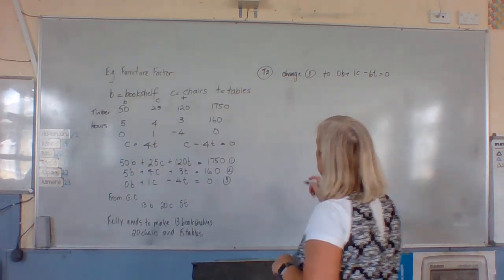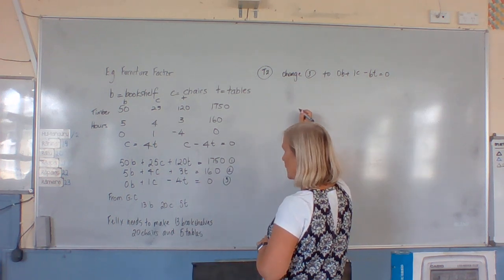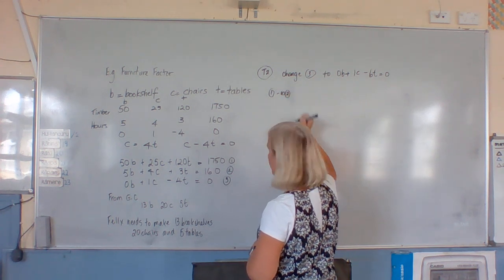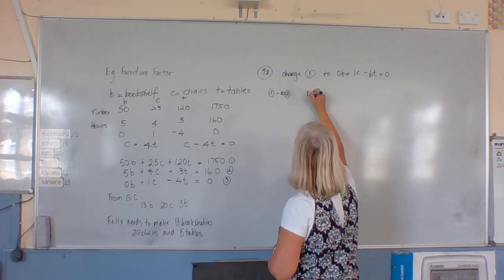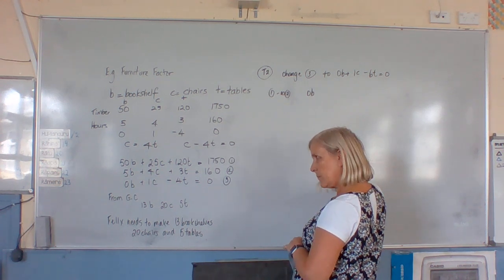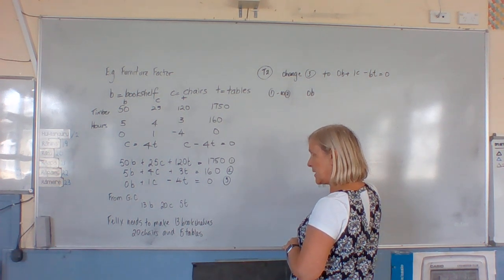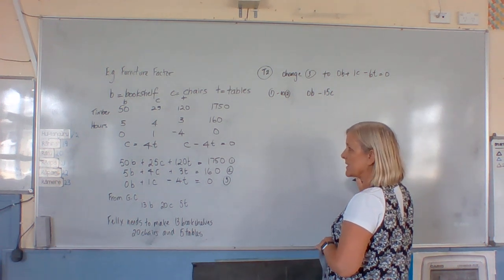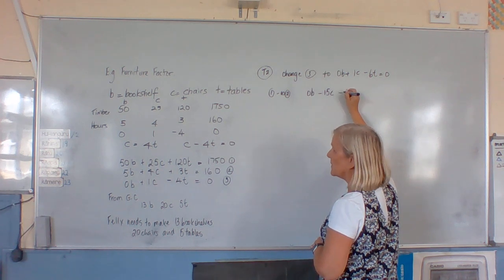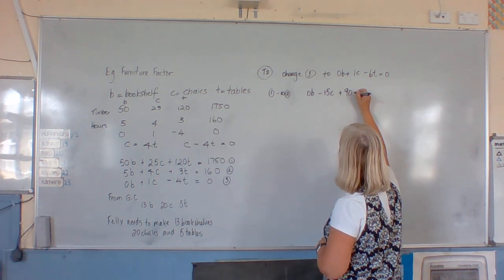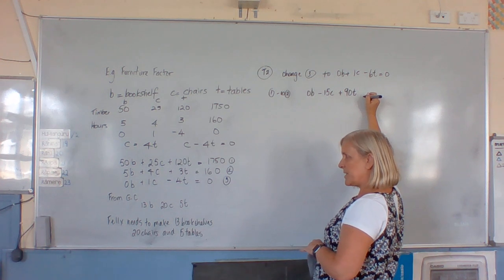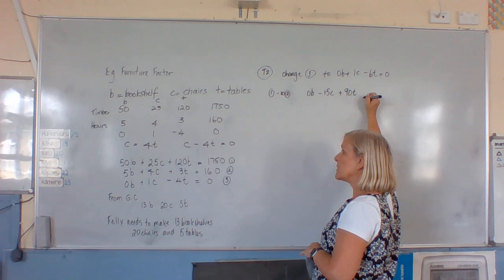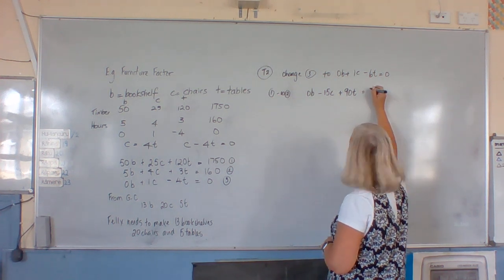So to solve this by hand, I am going to take 1 minus 10 times 2, which is 0b. 1 minus 10 times 2 is a negative 15c. 1 minus 10 times 2 is positive 90t. 1 times 10 times 2, 10 times 2 is 150.